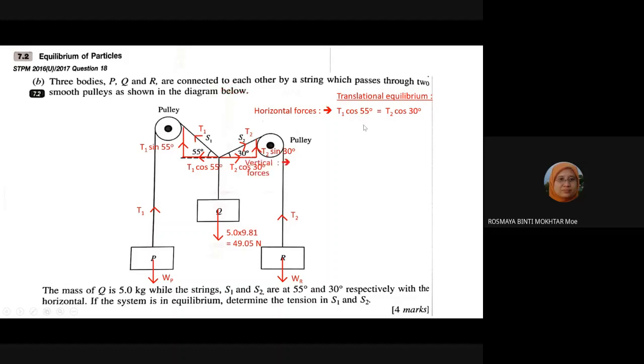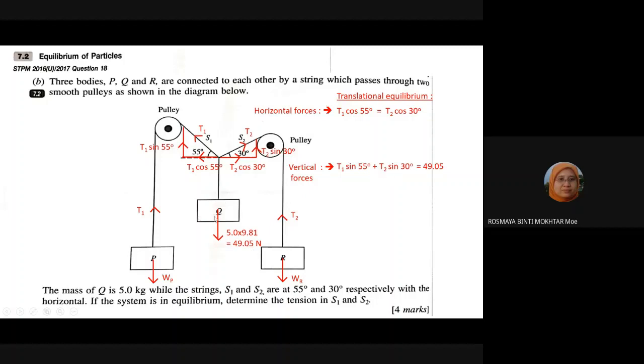Okay, so this is horizontal forces. For vertical forces, upward equals downward. Upward, we have T1 sine 55 and T2 sine 30 degrees. Downward, we have 49.05 Newton.